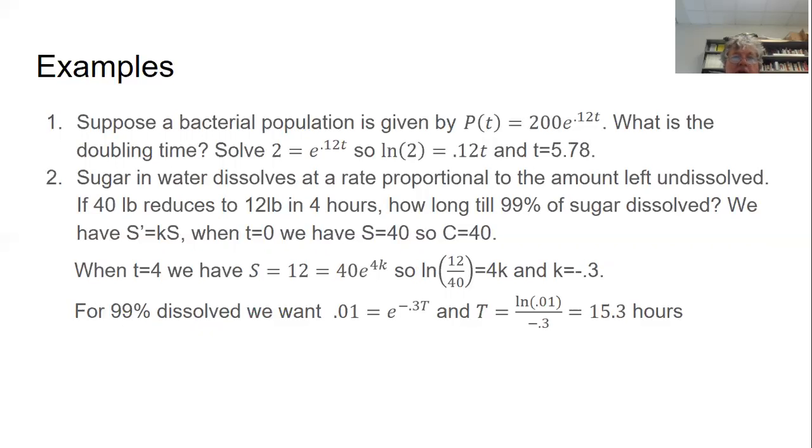And we're told that S prime equals kS. That's that rate proportional to the amount left. And when t equals 0, we have S equals 40. So we know that if S prime equals kS, then S is equal to some constant C times e to the kt.